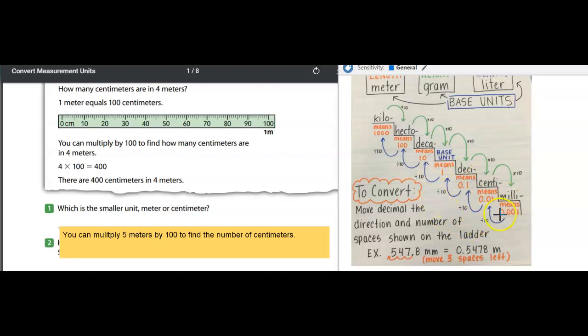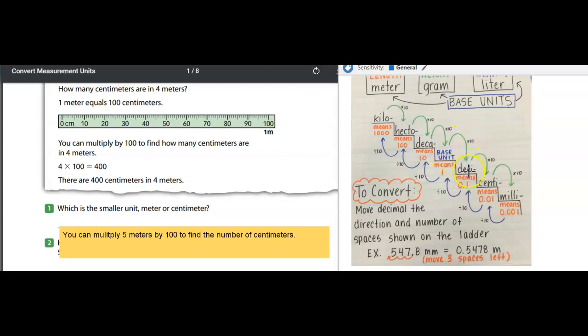Now if we were to look at our anchor chart over here to the right, we see that our meters are in the middle, which is our base unit. So if we're looking for the amount of centimeters, if we follow our green arrows down the stairs, we see that each green arrow tells us to multiply times 10.